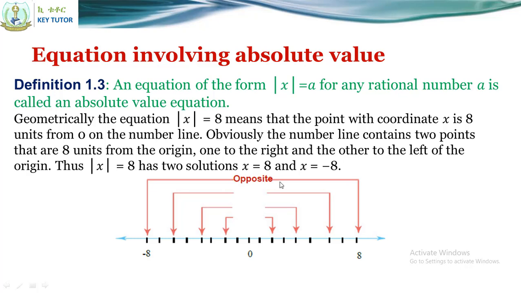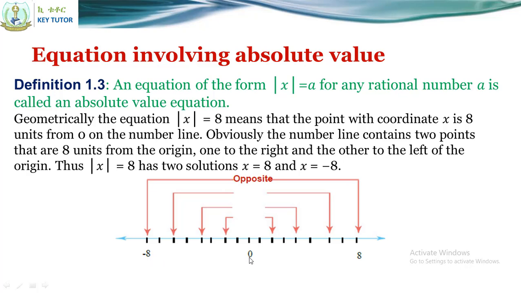This distance can be to the right, which leads us to positive 8, and it can also be to the left, which gives us negative 8. Both of these are 8 units away from 0.